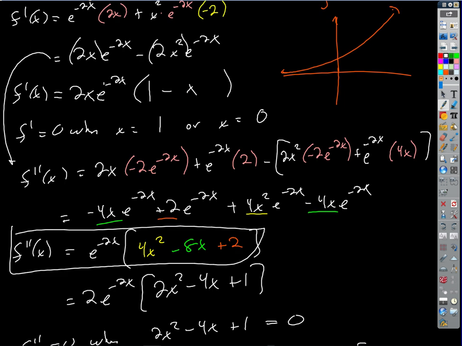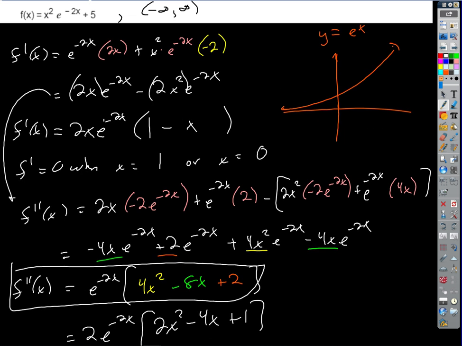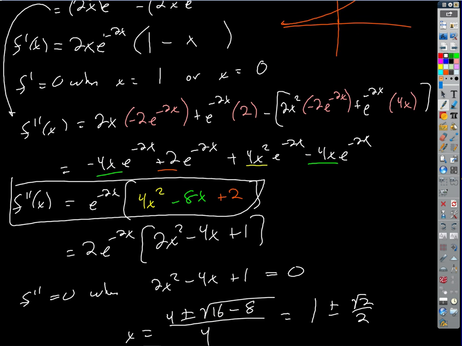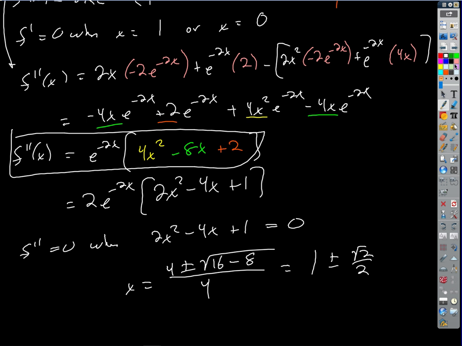What were our first derivative critical numbers? 1 and 0, right? So all we really need to do is check what's f prime of 1 and what's f double prime of 1, and f double prime of 0. F double prime of 0 is what? Yeah, 2 times e to the 0 is just 1, so it's positive.